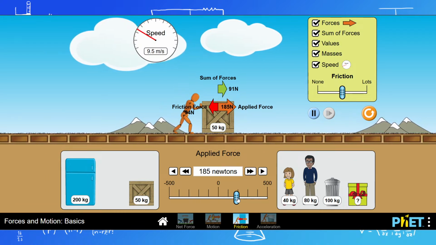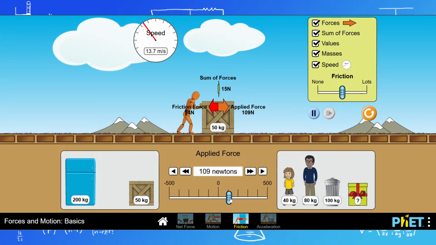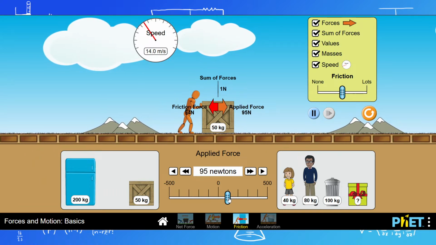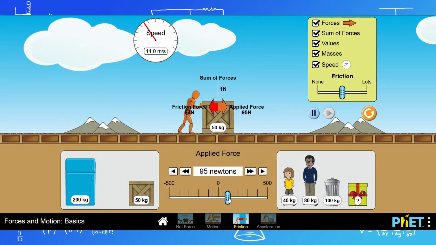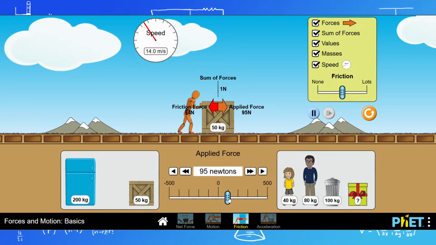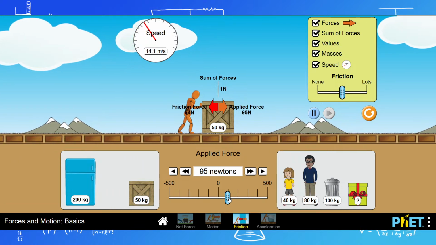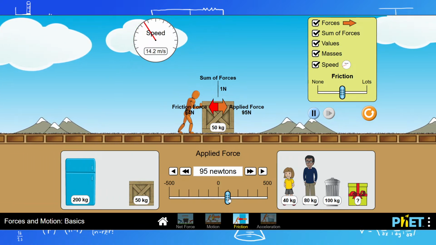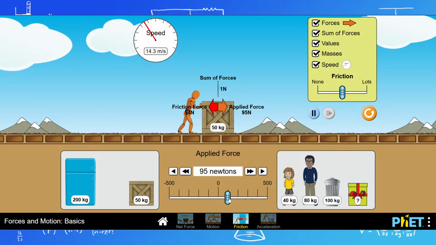Now you've got more force to the right than to the left. I'm going to try to ease up on this and see if I can get it precisely at 0. Can I? No. It would have been nice to get it exactly at 0, but okay. 95 to the right, 94 to the left is approximately 0 net force, and you see the speed is pretty much constant.